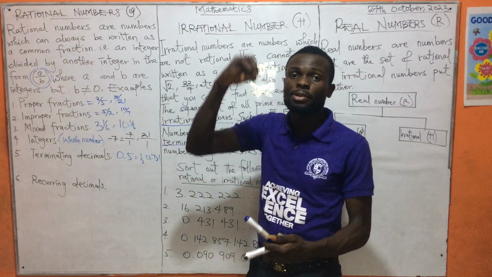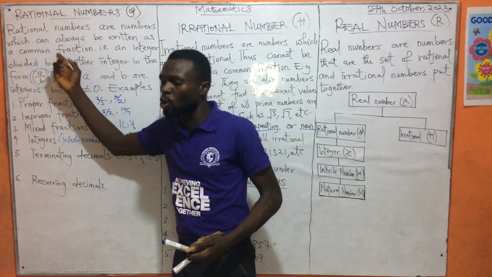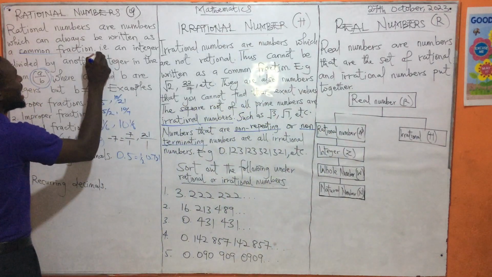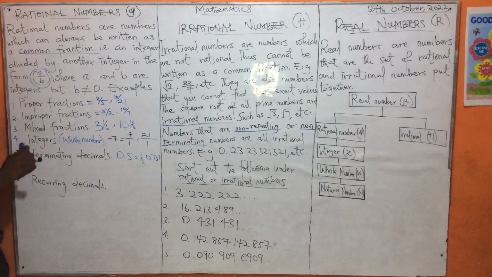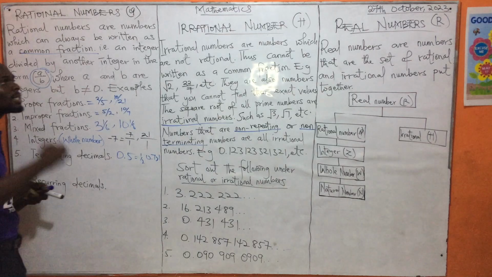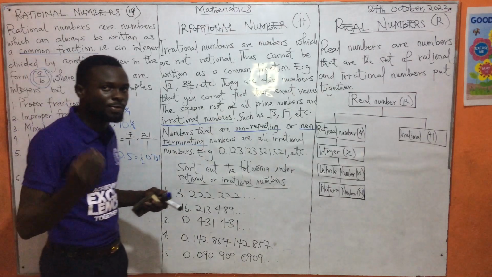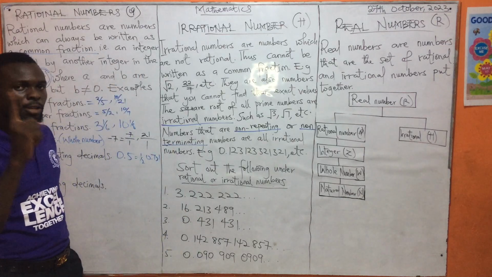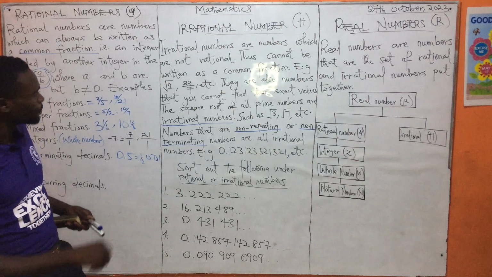Why? Because we can write them as a what? As a common fraction. Because we said a rational number is a number that can be written as a common fraction. So once a number can be written as a common fraction, then that number is a rational number. Let's take good note of that.